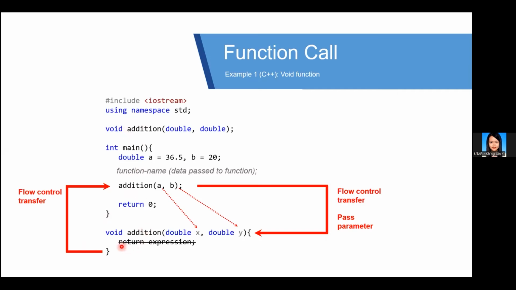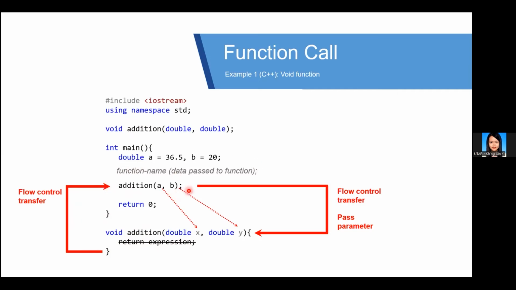That's why you can see that I have removed the return statement here. Because the function won't return anything, you don't need to include any return statements inside this addition function. After the function is done with its job, we just pass the control back to the function caller in the main function.